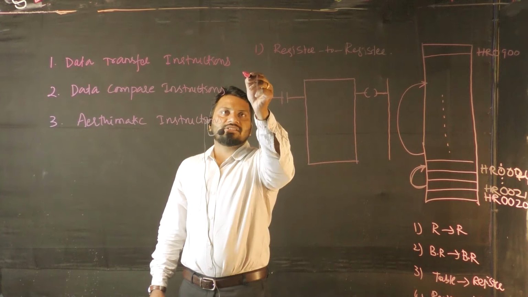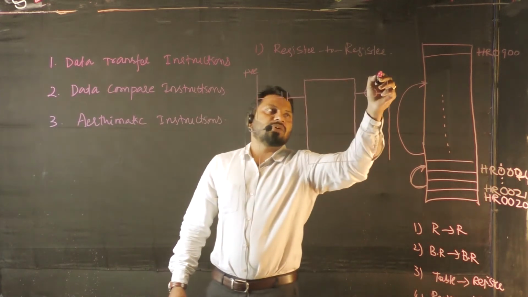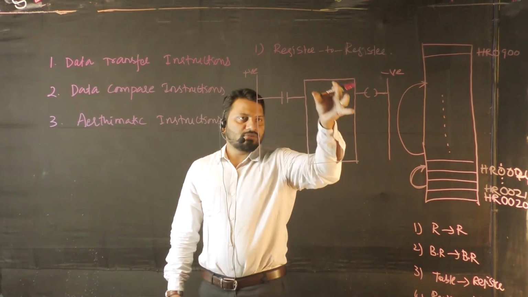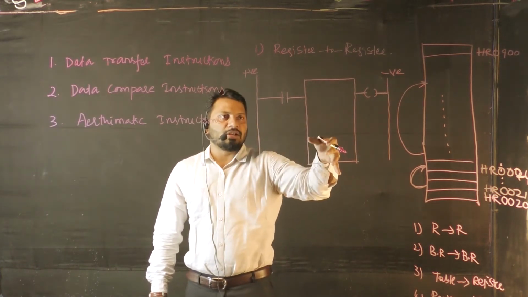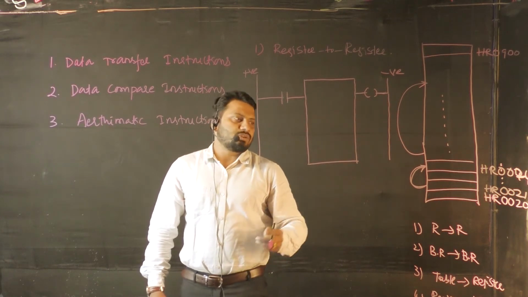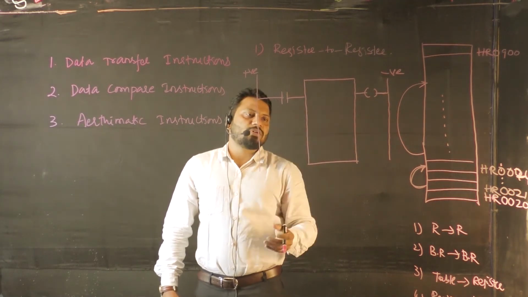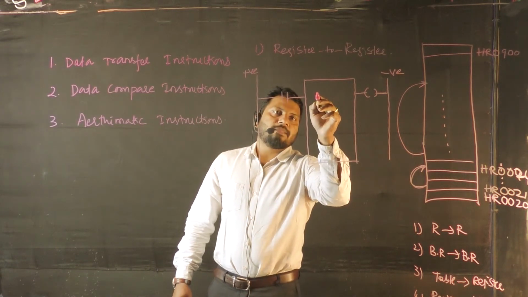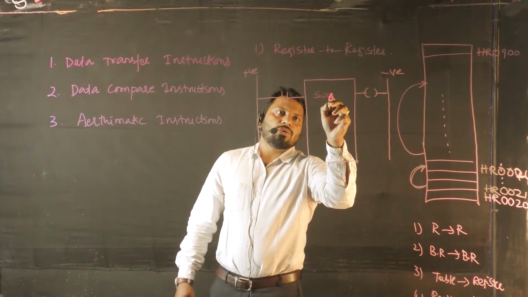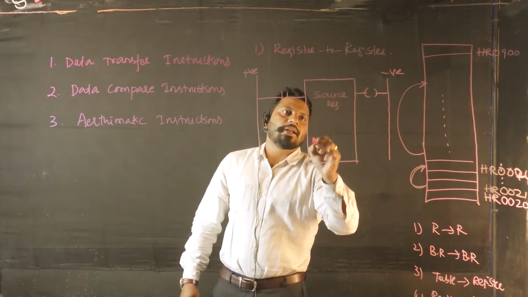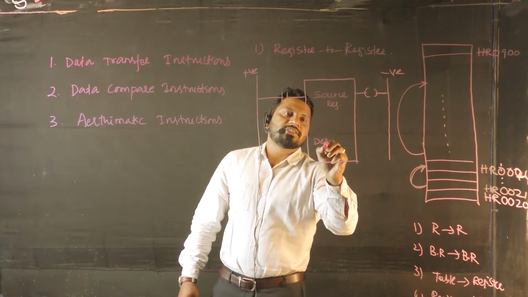We already know that this is the positive rail and this one is the negative rail. So this is the box format we have in this rung to transfer data from one register to another register. In this block we have 2 addresses: the source register and the destination register.